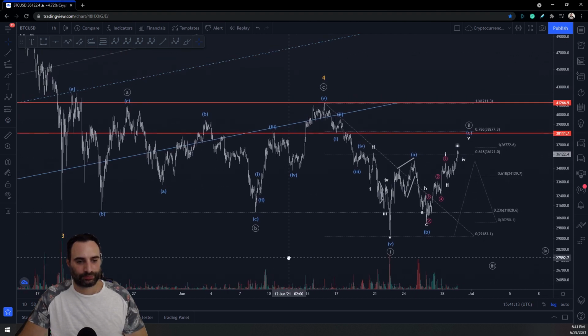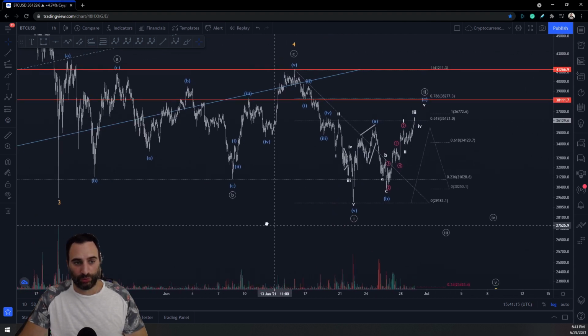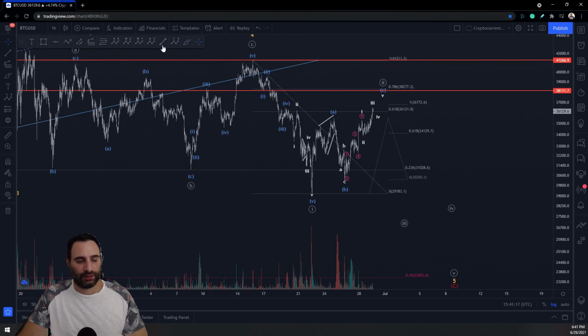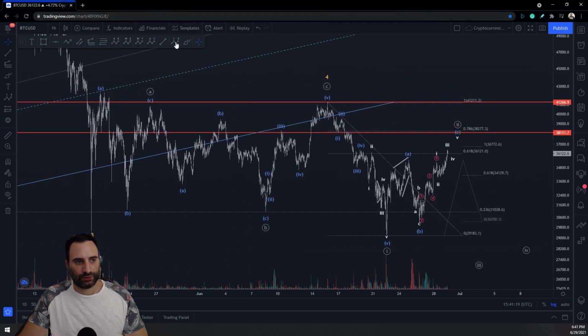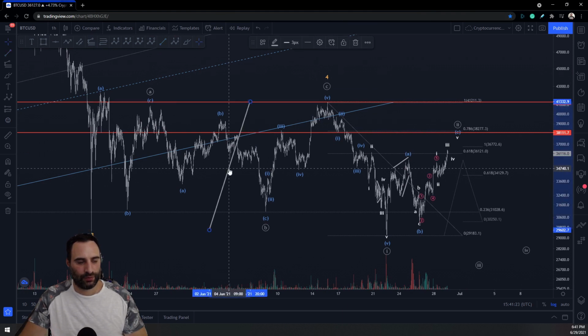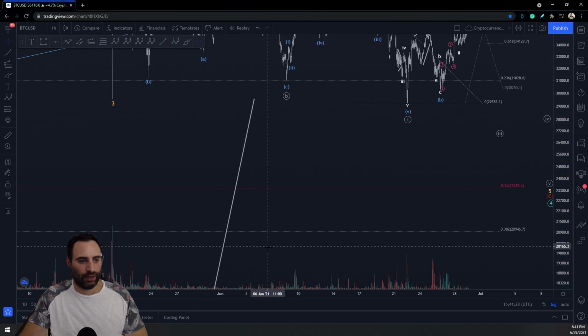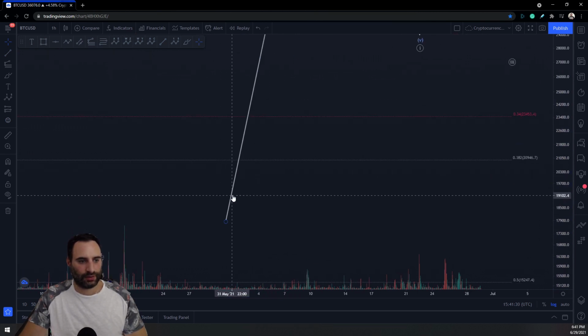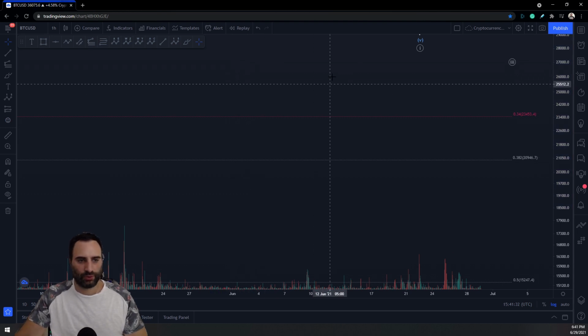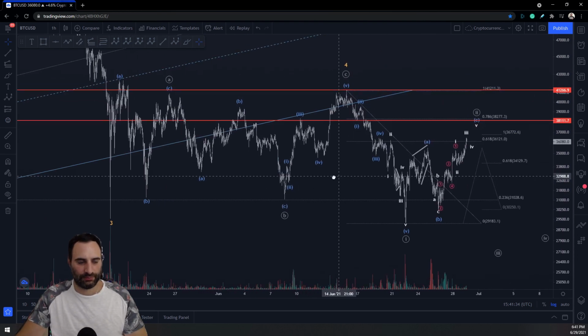Now, where are we supposed to go? There are different ways, as we said in the last video as well, to consider where we're going. One is to take the length of wave 4 and go the wave down, and look at this, we're going near the 17K or so, which is way beyond the level I'm expecting.